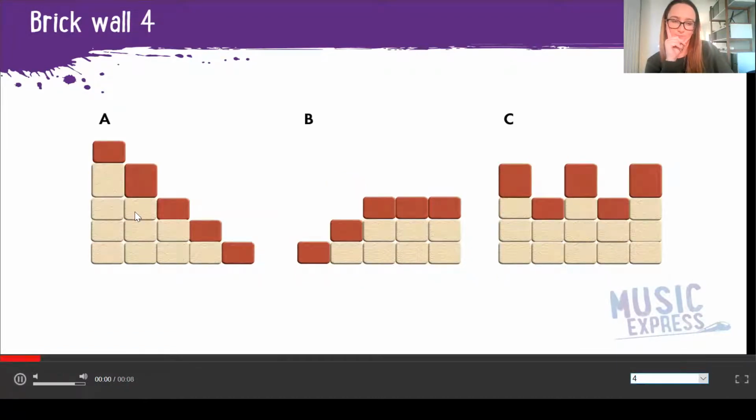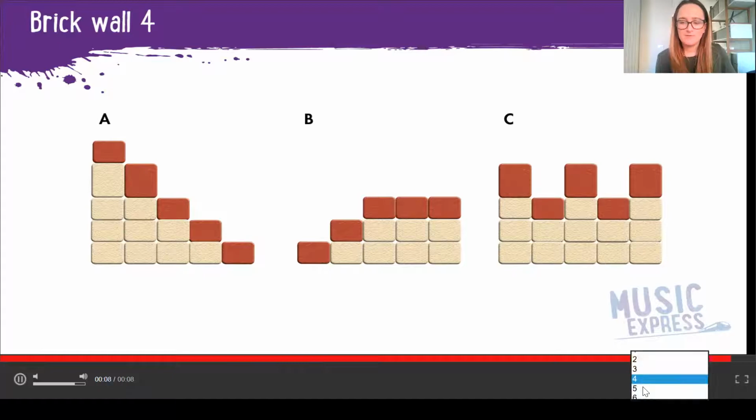Number 4. And we'll listen to it again. Write your answers down. What do you think that was, A, B, or C? Number 5.